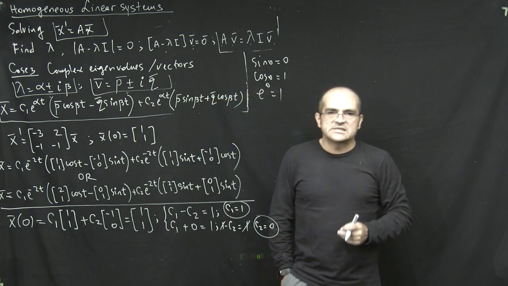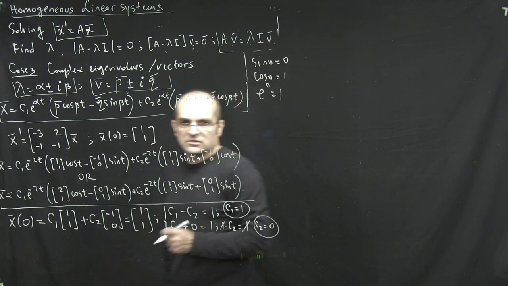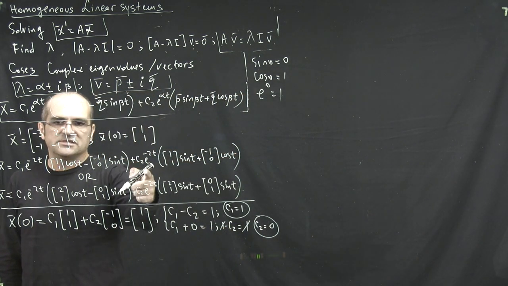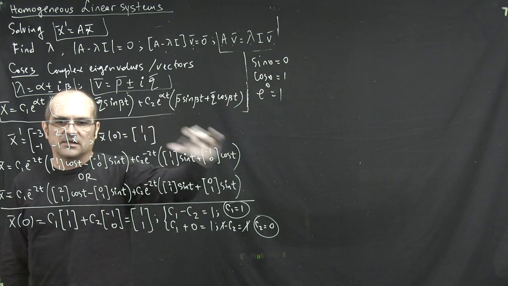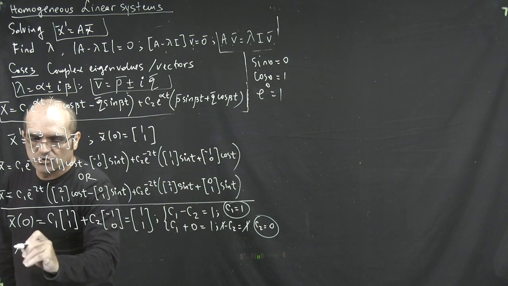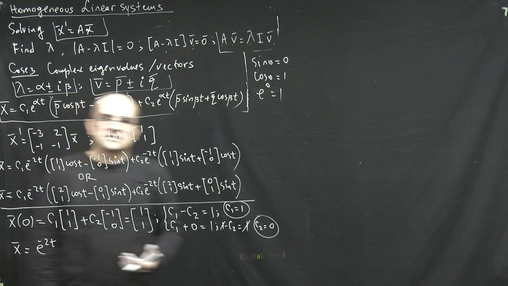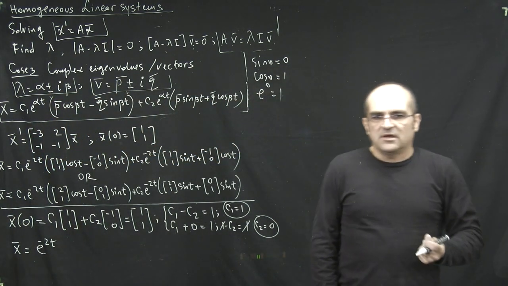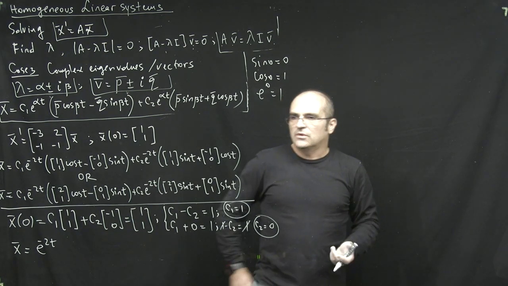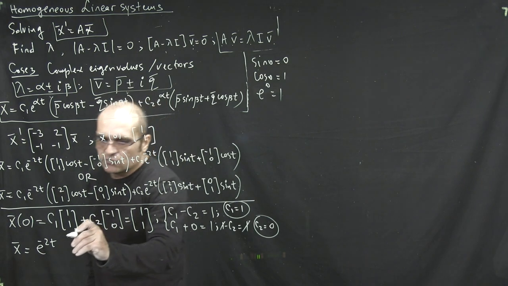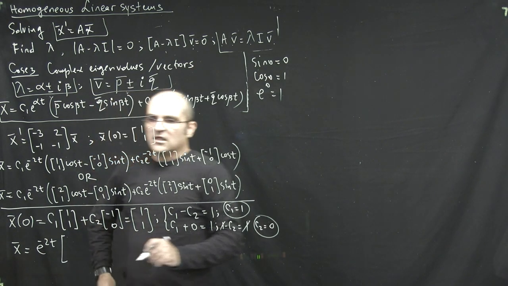So what's my unique solution corresponding to this initial condition? If C1 equals 1 and C2 is 0, this part goes away completely. So my solution is going to be e to the -2t times a vector. By the way, once you find C1 and C2, it's customary to combine everything into a single vector to write your solution in a nicer form.